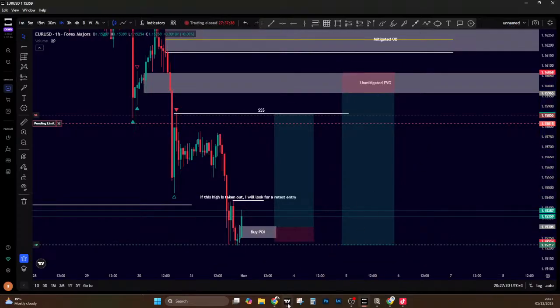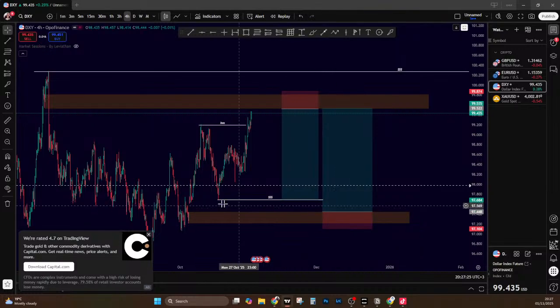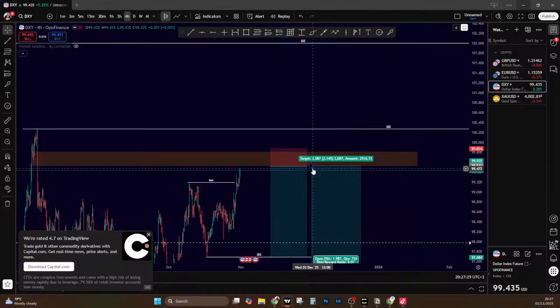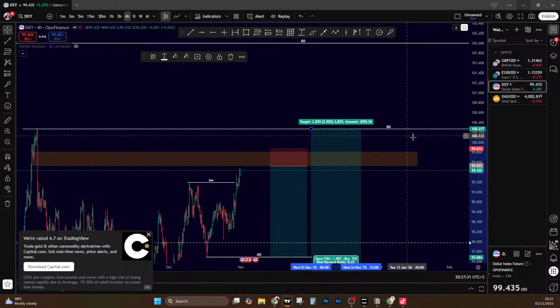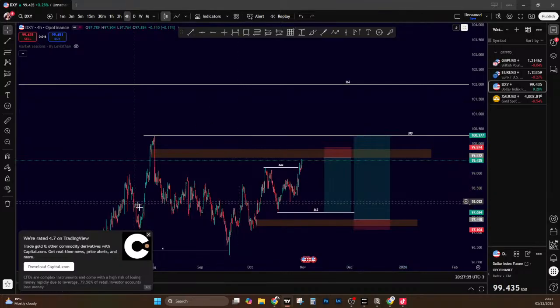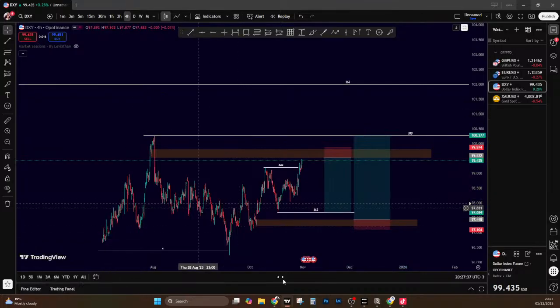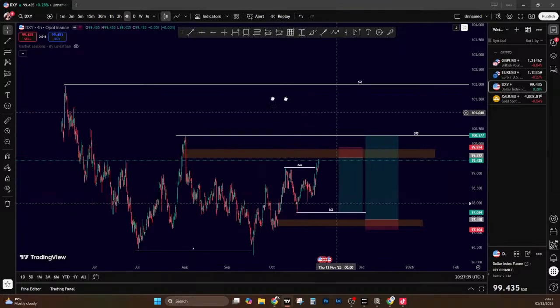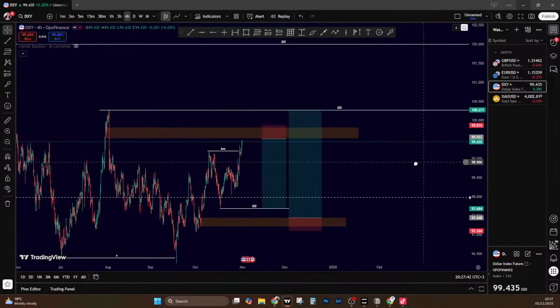Look at the dollar index: once it gets to our POI here, it will buy until it takes out the previous high. As simple as 1, 2, 3. Very simple.